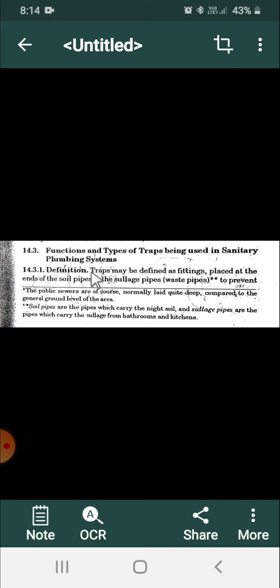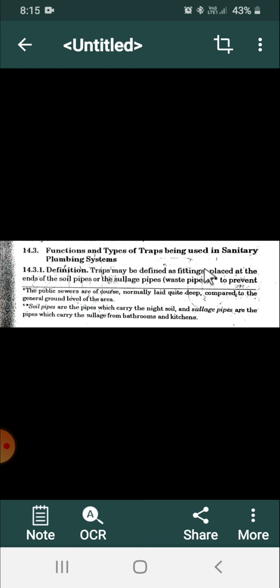Soil pipe means pipes which are used to carry human waste. Please remember, these are the different words we are going to use for human waste: soil, night soil, human waste. For animal waste here we say dung. Dung means cow dung. Like this, human waste is called night soil.